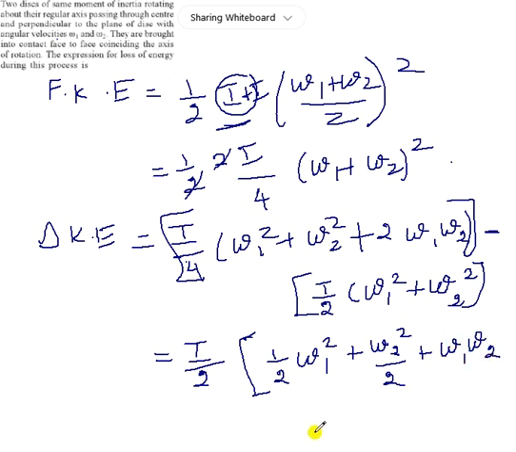Afra, could you understand? Yes or no, Afra? Yes, ma'am. And we are going to have minus omega 1 square minus omega 2 square.